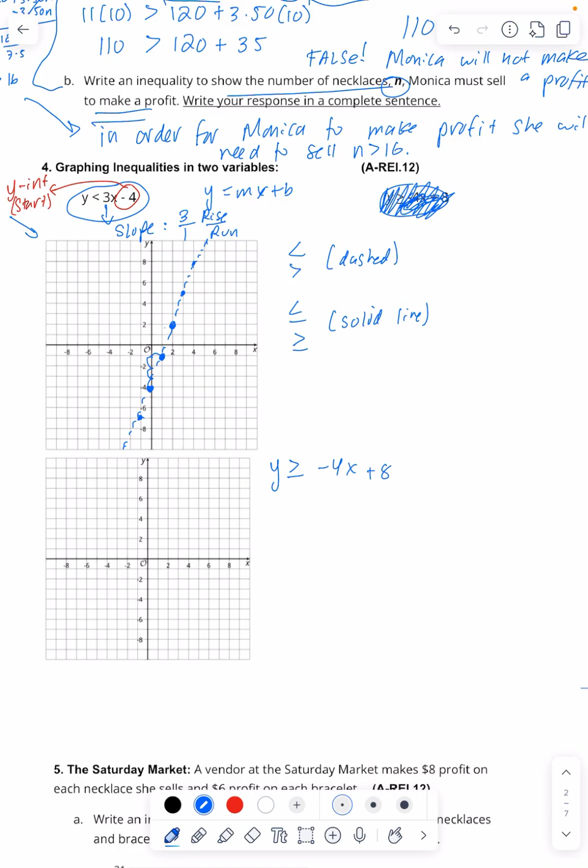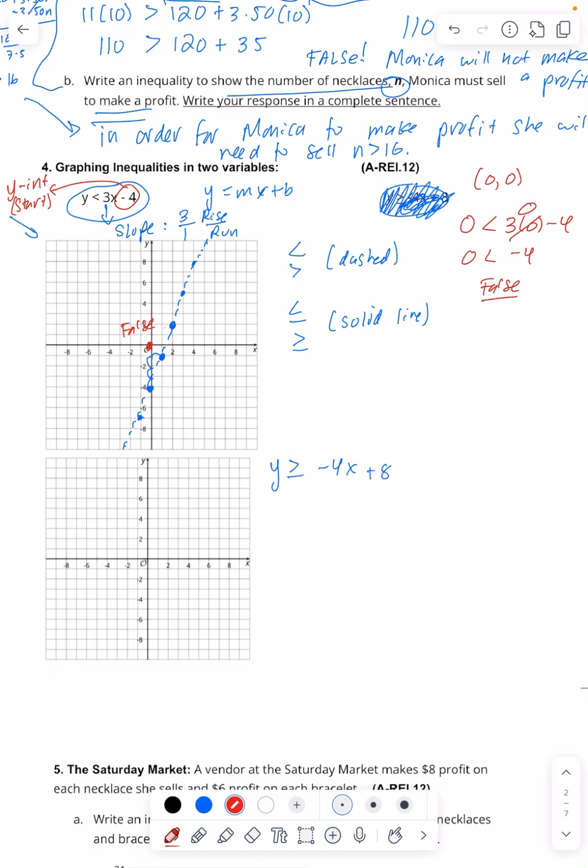And then now I have to test a point. So in this case, I'm going to test the point 0, 0 to see if it's a solution. So I could do 0 is less than 3 times 0 minus 4. 0 is less than, this case is just 0, negative 4. Is 0 less than negative 4? No, that's false, right? So this whole side is false.